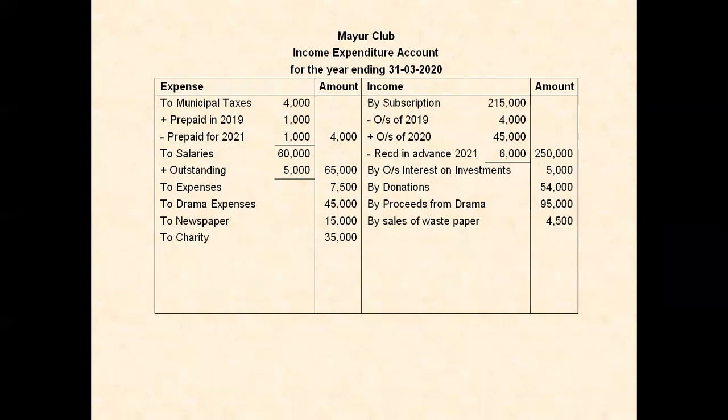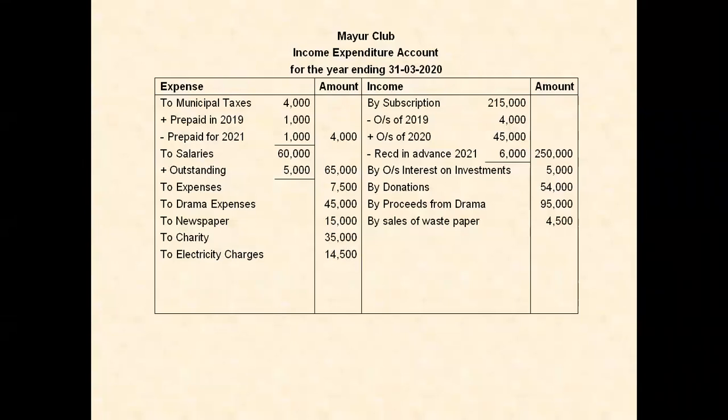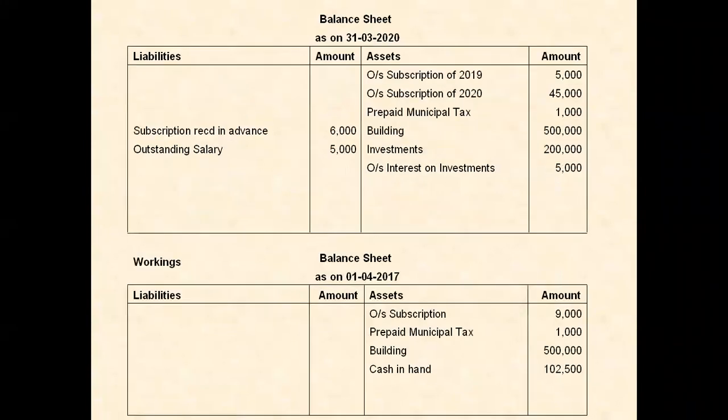That is an expense. Investments already shown in the closing balance sheet. And then we have electricity charges. It's again an expense, 14,500. After electricity expenses we have cash in hand. So this cash in hand is closing cash, which will be shown in the closing balance sheet asset side. Cash in hand 90,000.